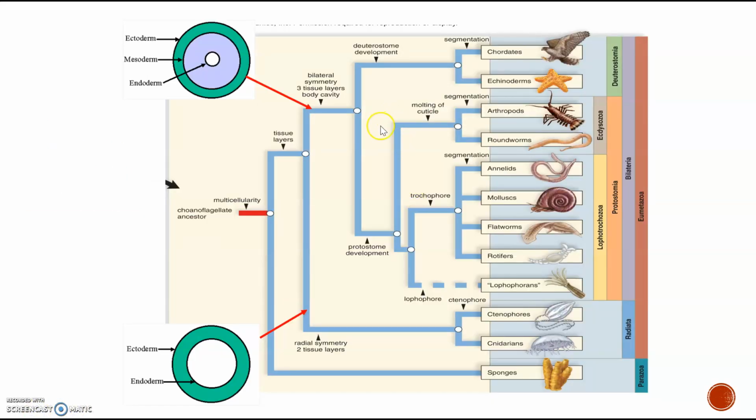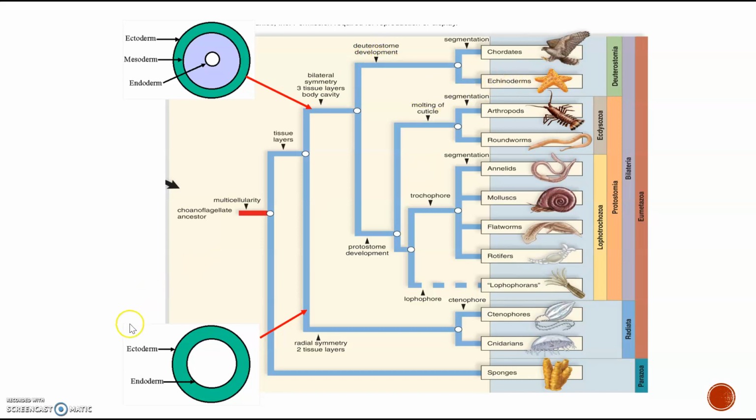All right, so our final group of animals is a little bit different. Most of what we've been talking about so far are these protostomes, meaning that when they are forming, that first hole that forms during development ends up becoming the mouth of the animal. The next one we're going to talk about is a deuterostome, and during development, that first hole that starts ends up becoming the anus.